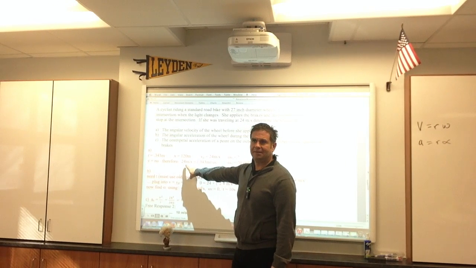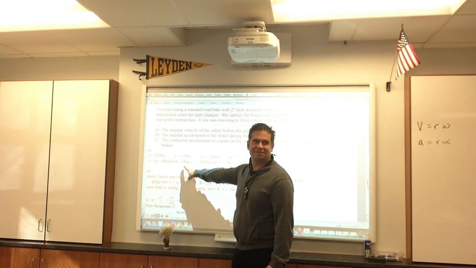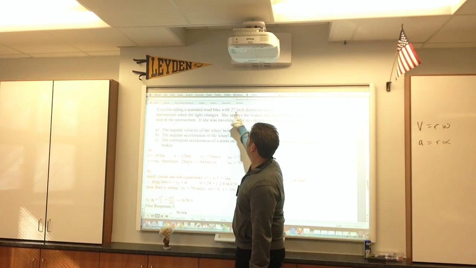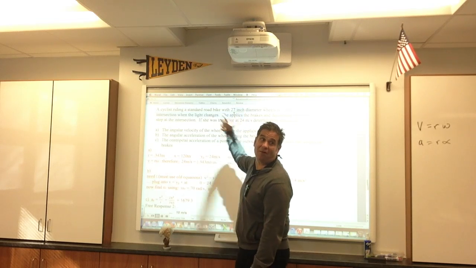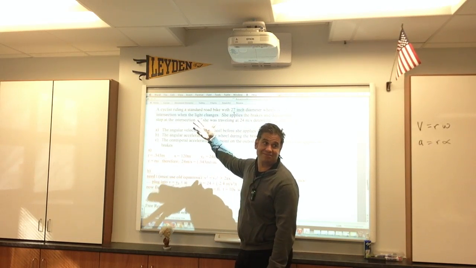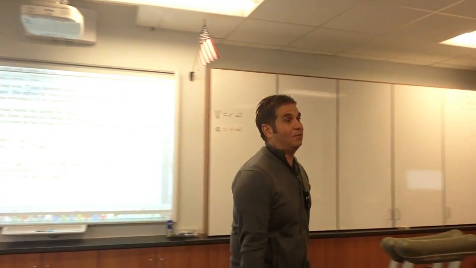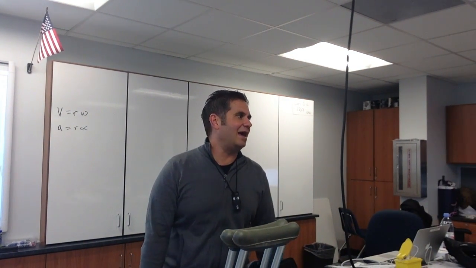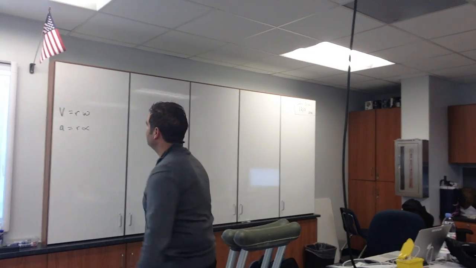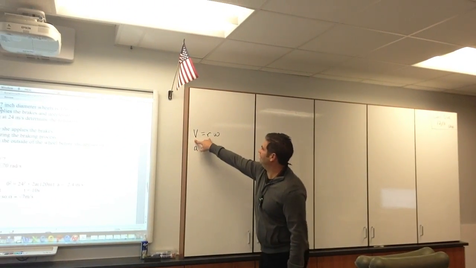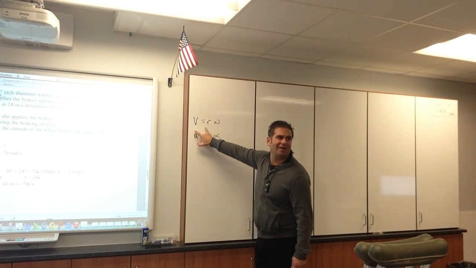I'm given the velocity, and I'm given the diameter from which I can get, if you know diameter, you know radius, right? So from the diameter, I can get the radius. From the radius and V, I can get omega. I need that. And I know this. I can get this.